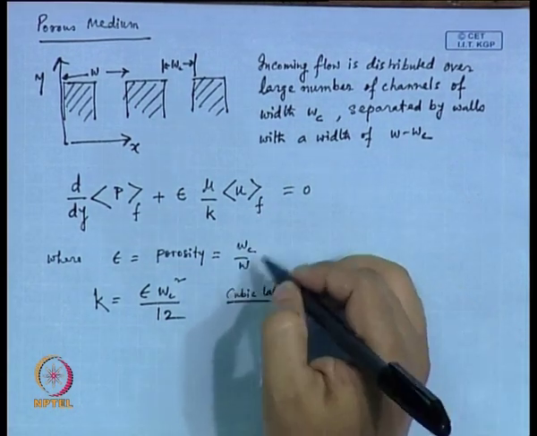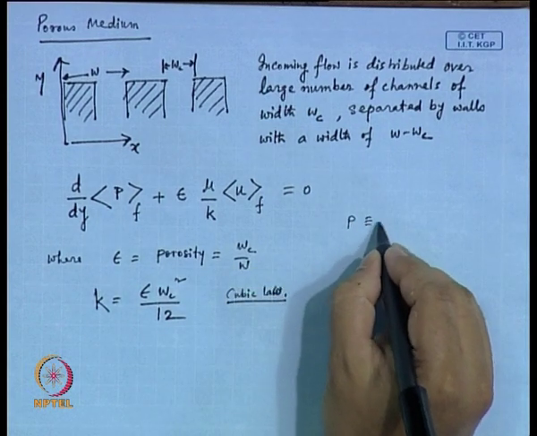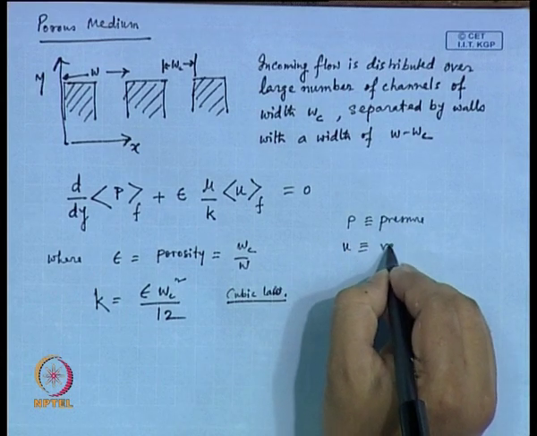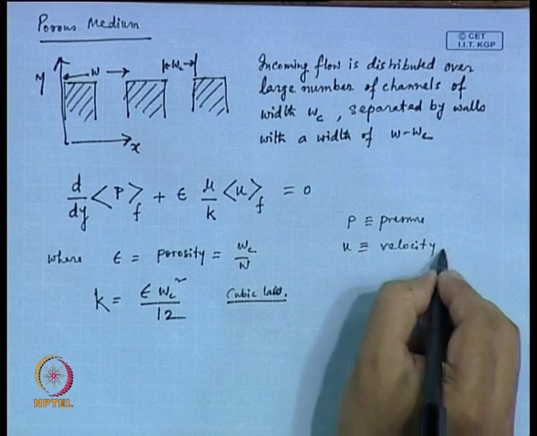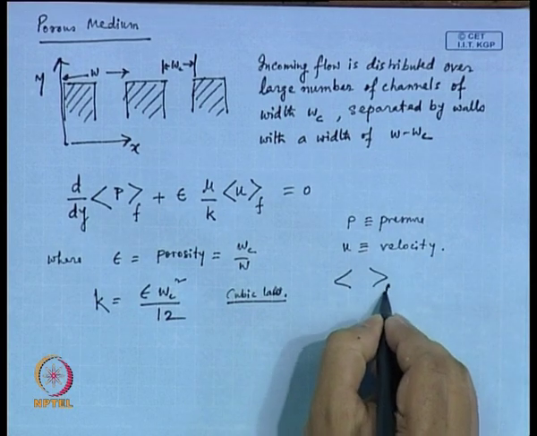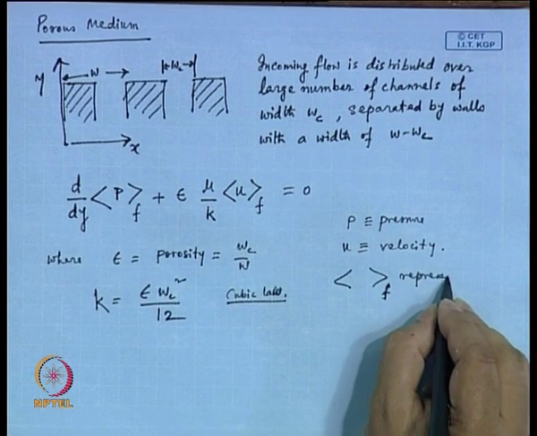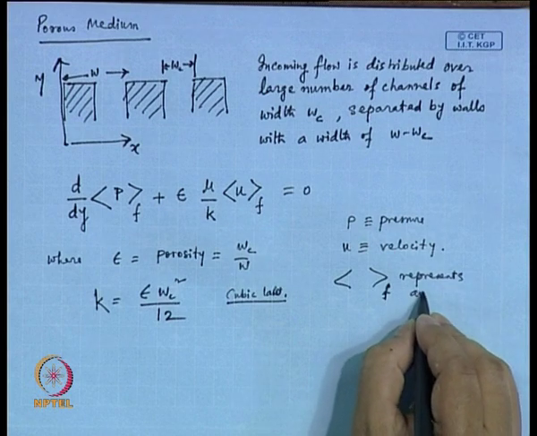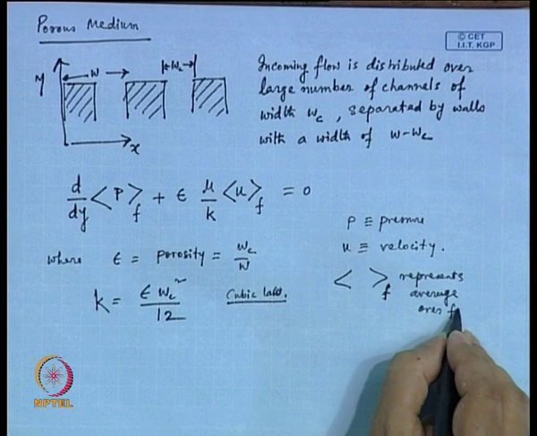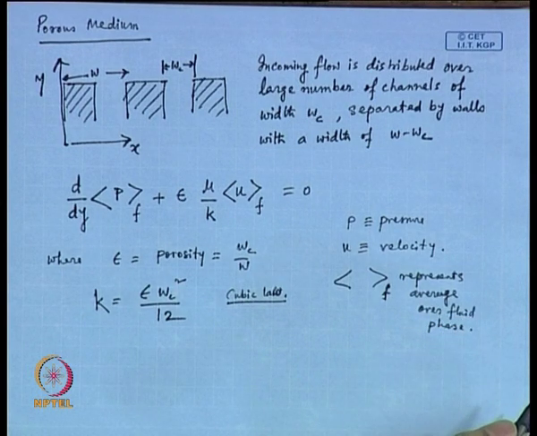Now, let me point out a couple of things here before I go further. P here is pressure, U here is velocity, and this quantity, in this kind of bracket with F written as a subscript, represents the average over the fluid phase.